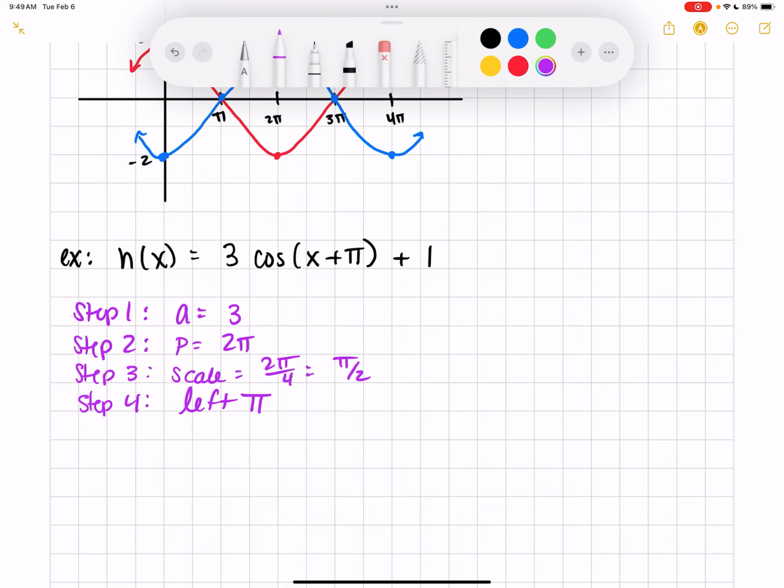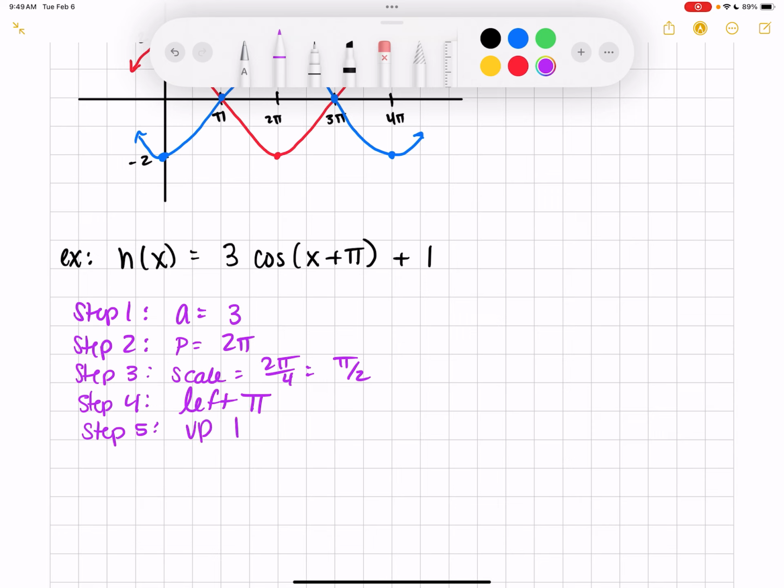And then step 5. Is it shifted up or down? And if so, by how much? That's a number outside the parentheses. Up 1.